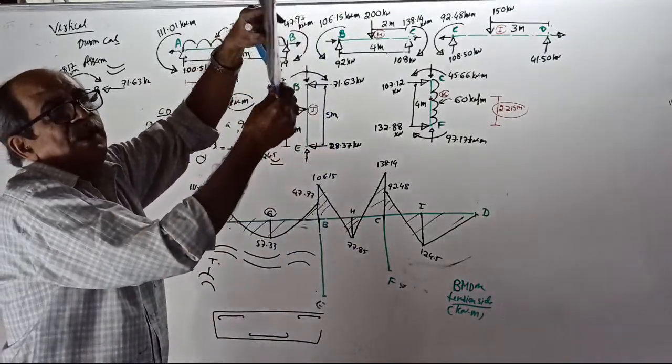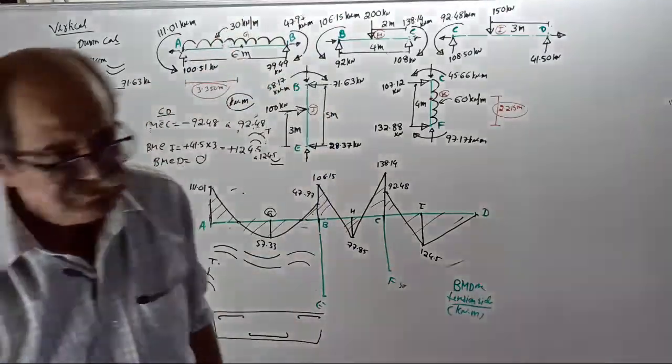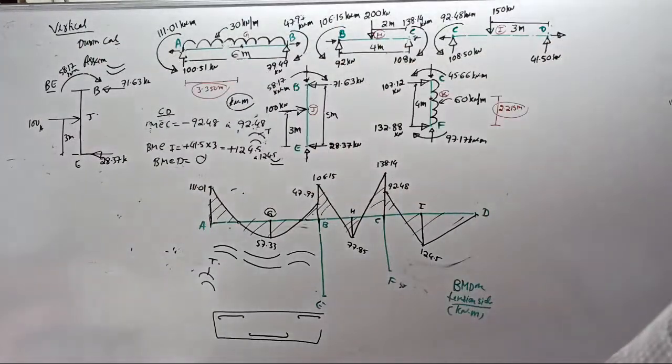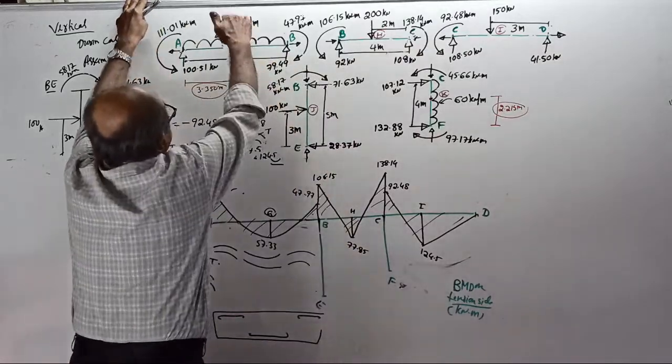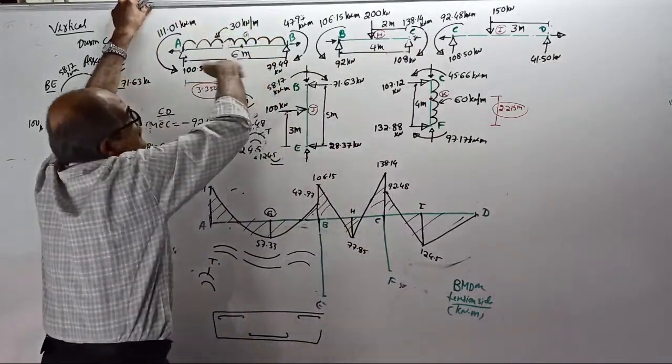Will it bend inwards or outwards? After the class, write everything. Inward, like a horizontal beam. If you apply load on a simply supported beam, it will bend like this, inwards.